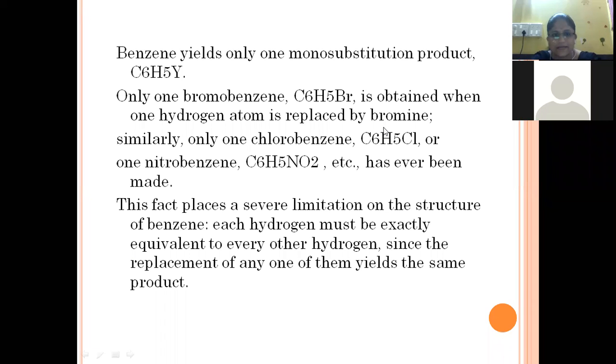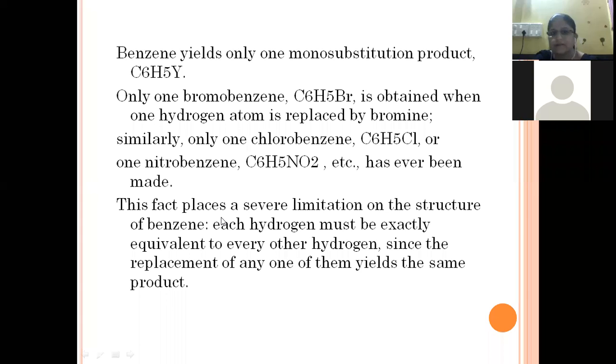Now what happened next? This fact places severe limitations on the structure of benzene. We know the fact that benzene is going to substitute only one of the hydrogen atoms with the help of a substituting agent.